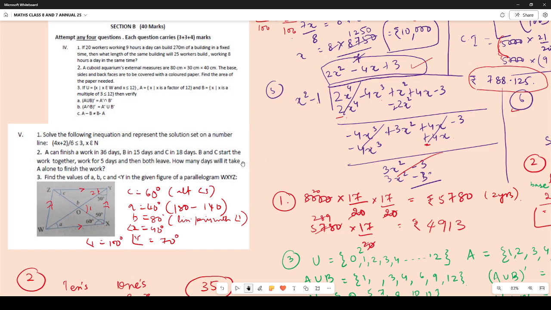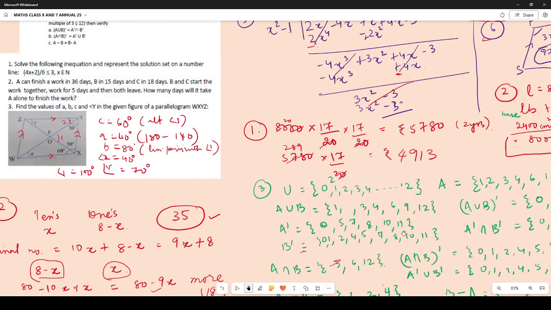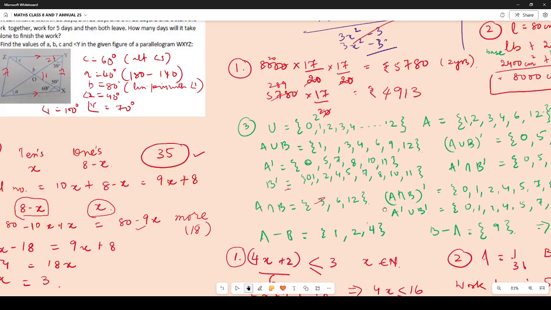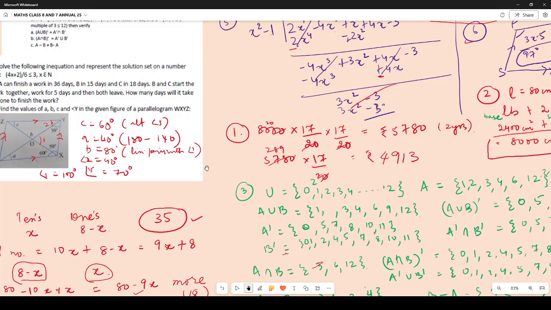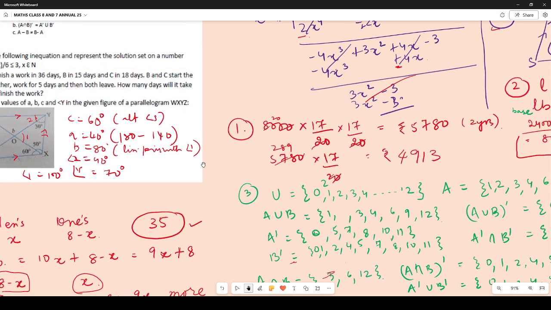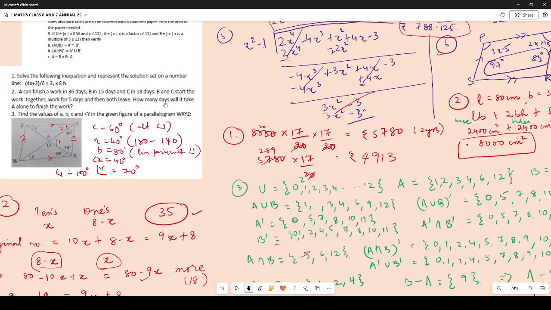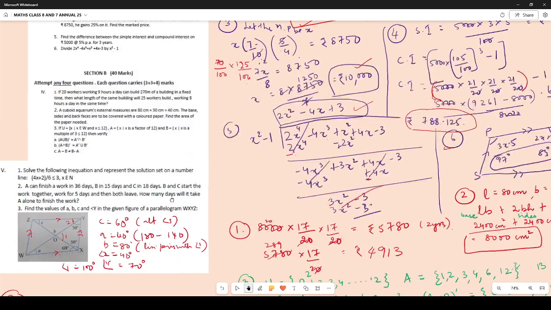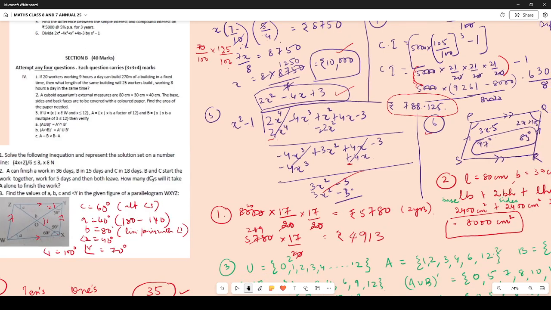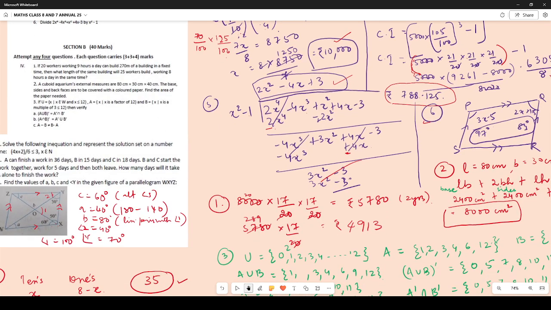Now let us take up this question. If the universal set belongs to the whole numbers, let me see if I can bring it down. Let me check if it is okay to bring it down.